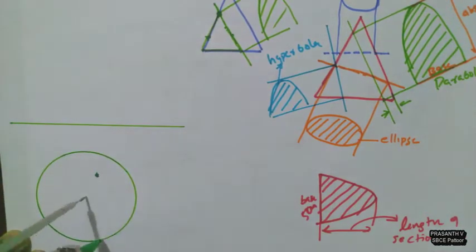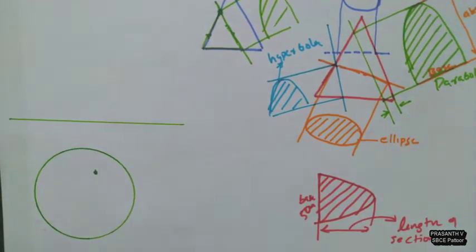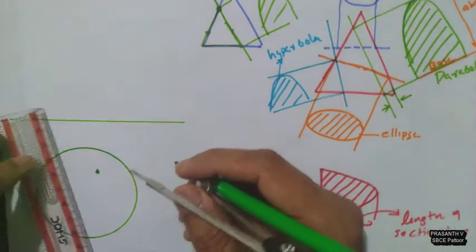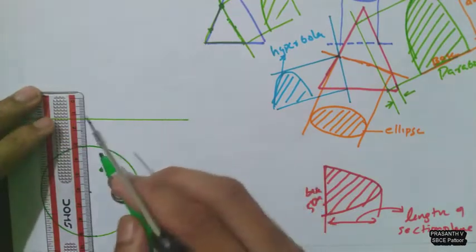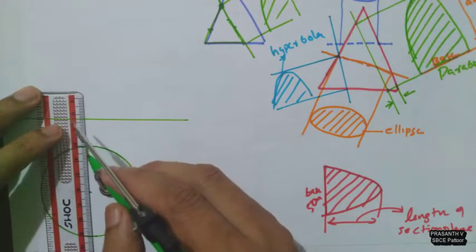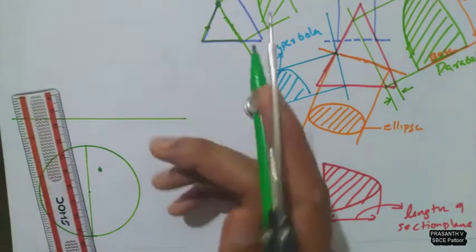You see, this base diameter is given here. We can divide the circle into 8 equal parts.